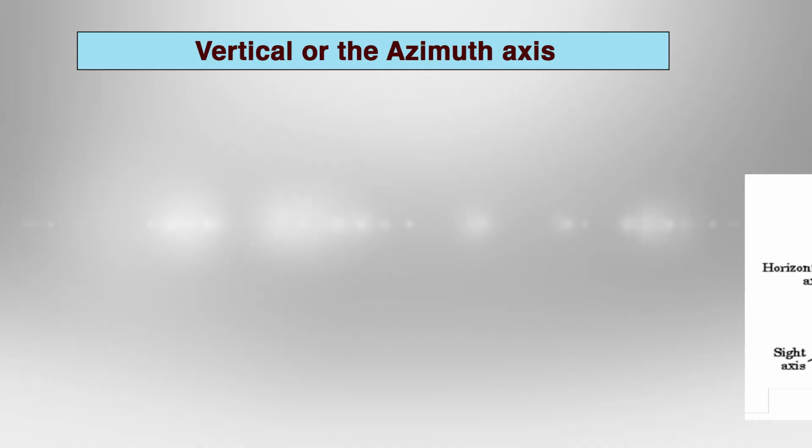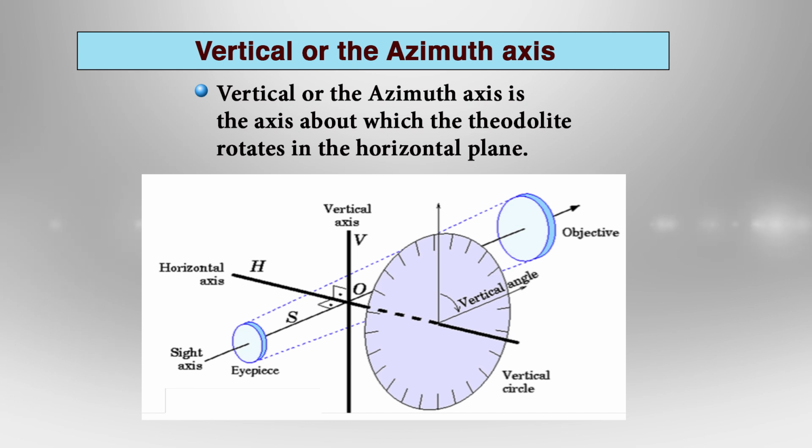Remember that we are looking at the fundamental lines of a theodolite. At this point, it is important to remind you that it is an optical instrument which will measure both vertical as well as horizontal angles. In a transit theodolite, the vertical axis or the azimuth axis is the axis about which the theodolite rotates in the horizontal plane.